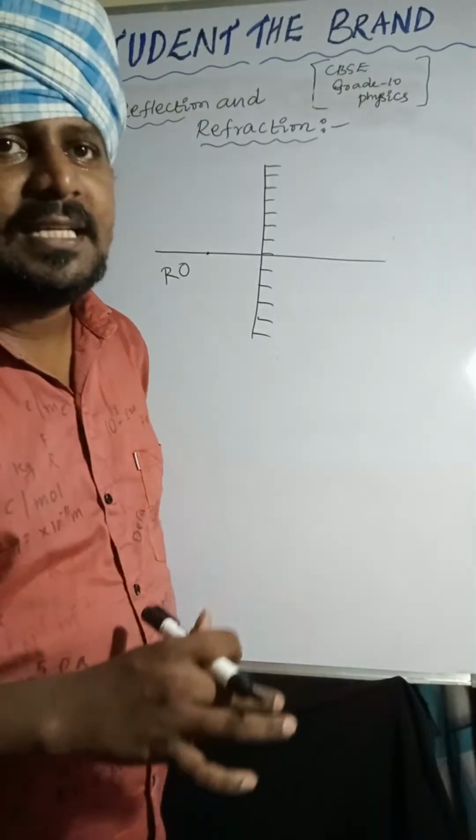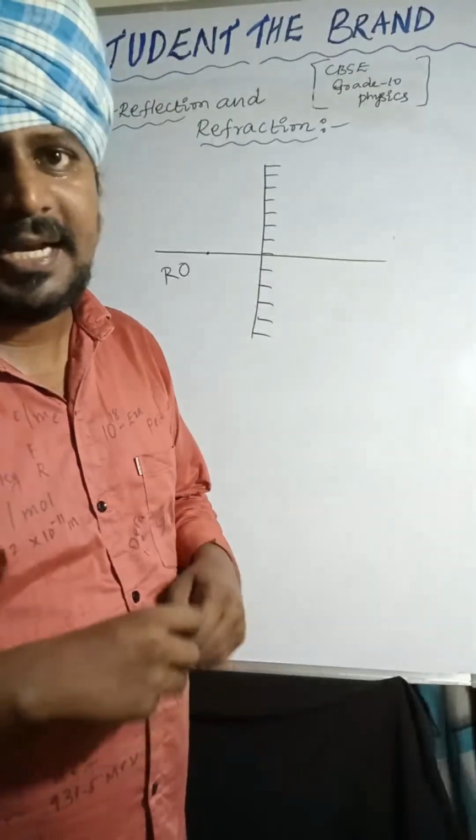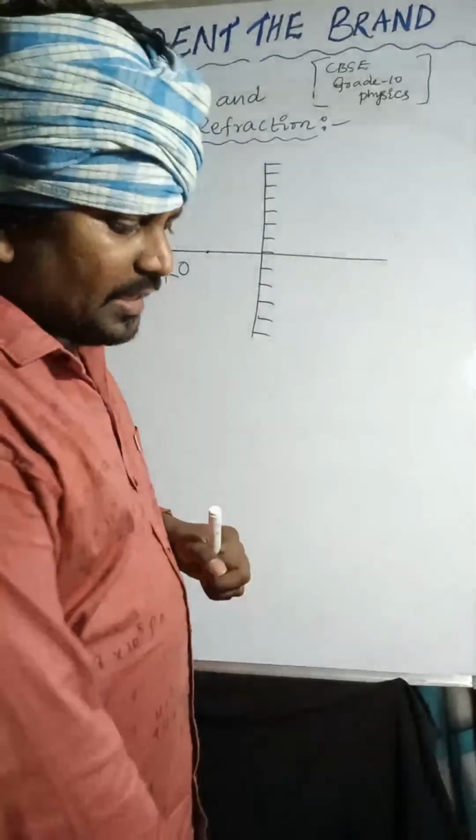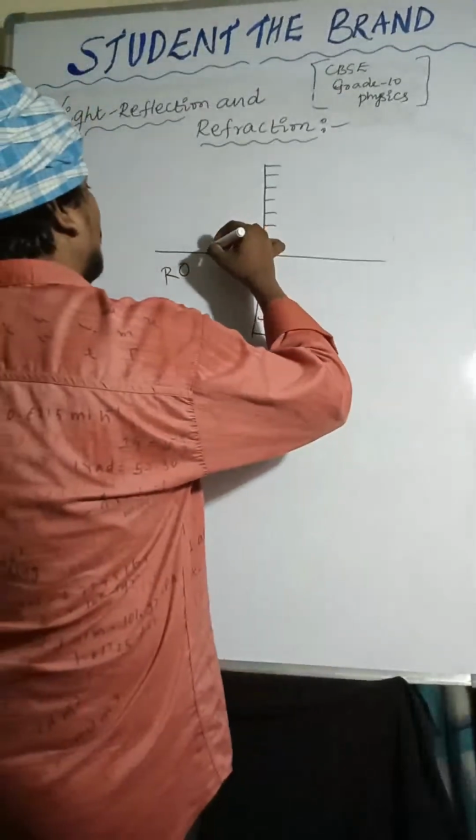How many light rays are required to form the image of the object? Minimum 2 light rays are required to form the image of the object, right? So I am taking 2 light rays.